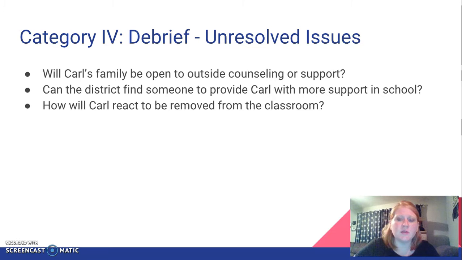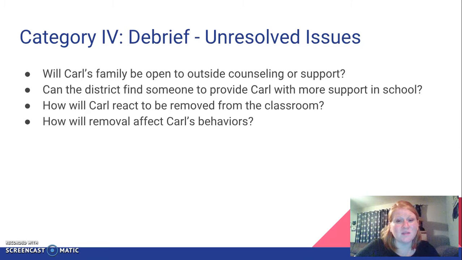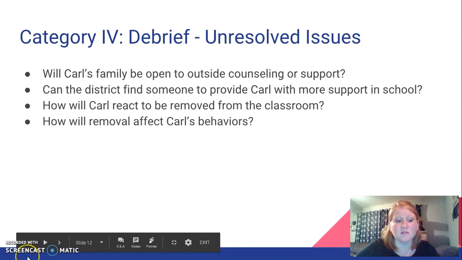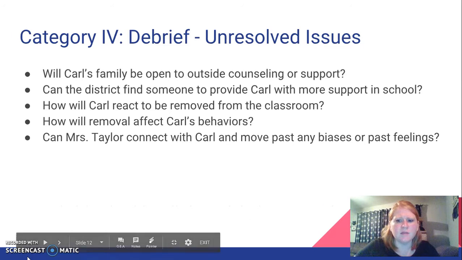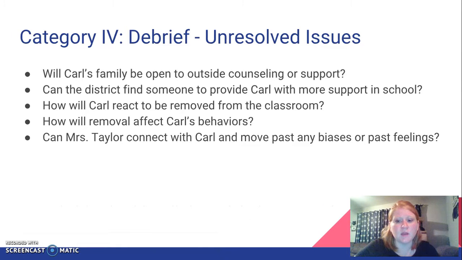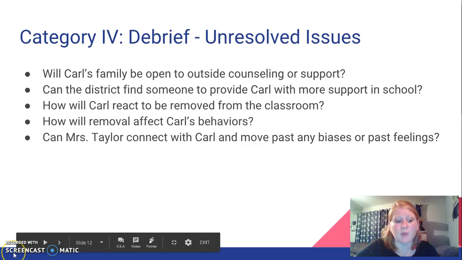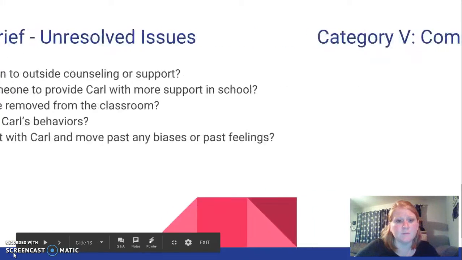I will be interested to know how Carl is going to react when he is removed from the classroom. He's already angry. Is he going to become more angry? And how will that removal affect his behaviors? Will they escalate and will he have more outbursts? I'd like to know if Mrs. Taylor is able to even connect with Carl and move past those biases and feelings.